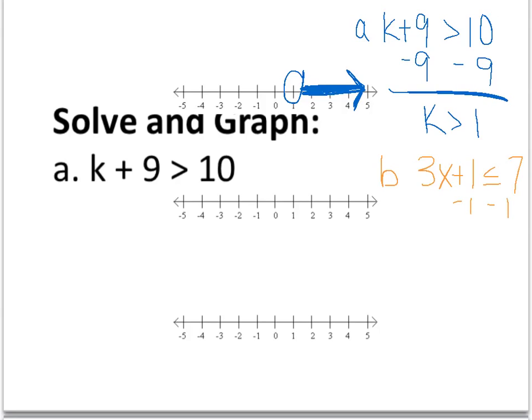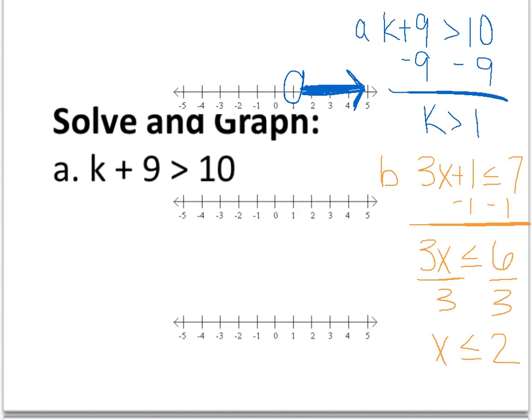Subtracting 1 on both sides. 3x is less than or equal to 6. Dividing by 3. Do I need to switch my sign? No. You're not dividing by a negative. You don't need to switch the sign. So x is less than or equal to 2.